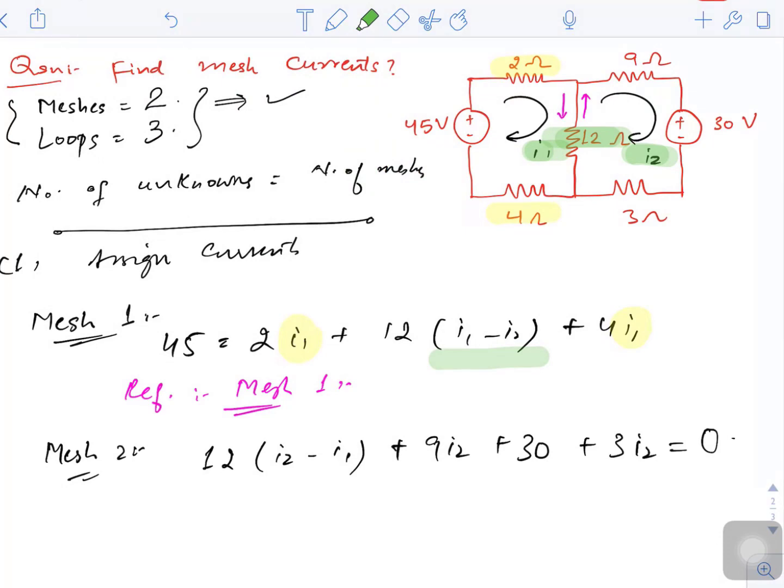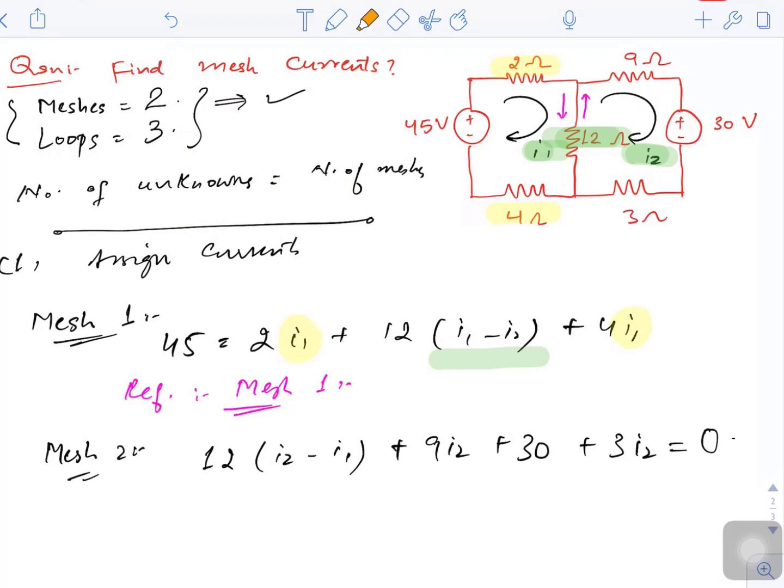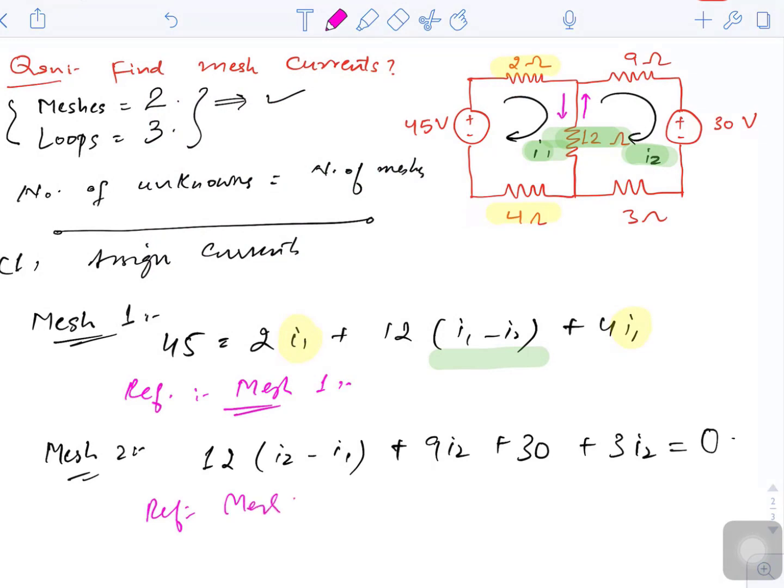Again, this 12 ohm is common between I2 and I1, but your reference right now is mesh number 2, so it would be I2 minus I1. Then in the 9 ohm and 3 ohm resistors, there is only one current involved, that is I2, so we have written here only I2. And we have a 30 volt source, again going from plus to minus, so it is 30 volt here. So these are the 2 equations that we have derived.